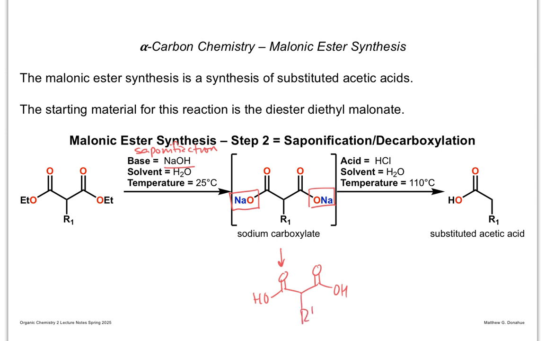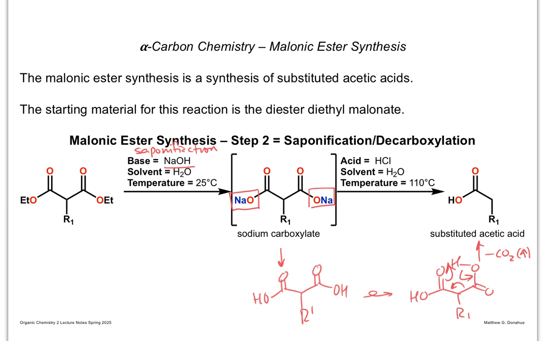So you have this diacid. That will then decarboxylate, tautomerize, and then you have your acetic acid.